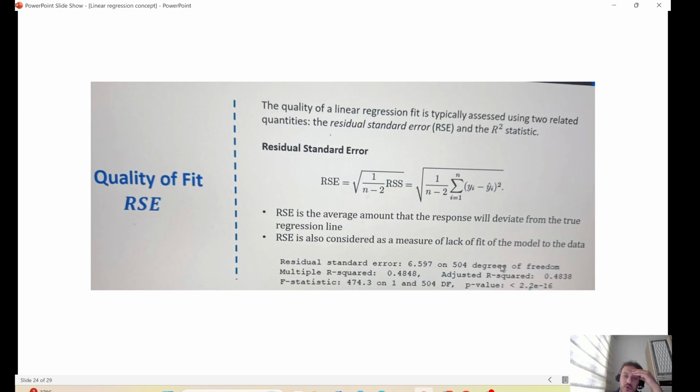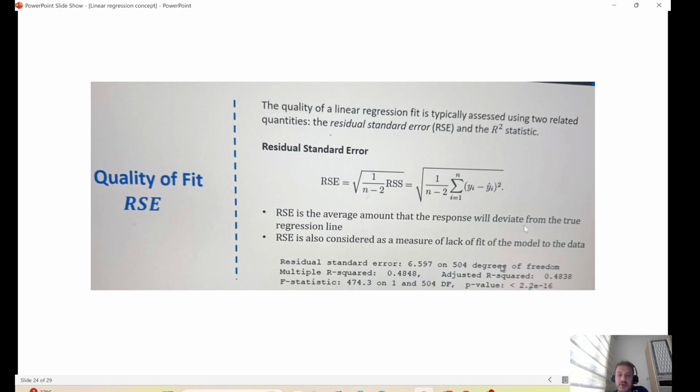The RSE is the average amount that the response will deviate from the true regression line. It is also considered a measure of the lack of fit of the model to the data. So the RSE will tell you if your model fits your data or not.